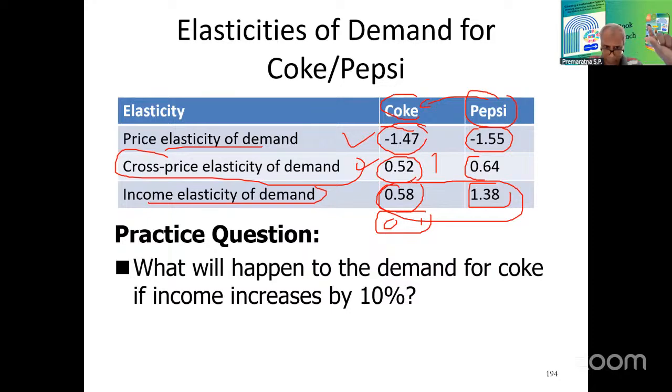Then your logistic arrangement, your inventories, your order, you can decide accordingly. Now, for example, this question: what will happen to the demand for Coke if the income increases by 10%, let's say in the month of July, next month?